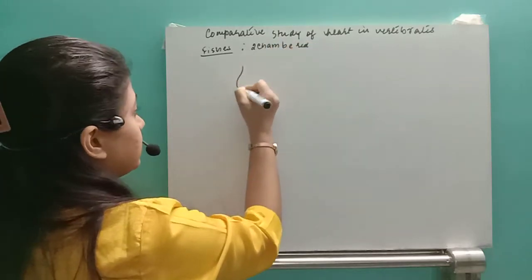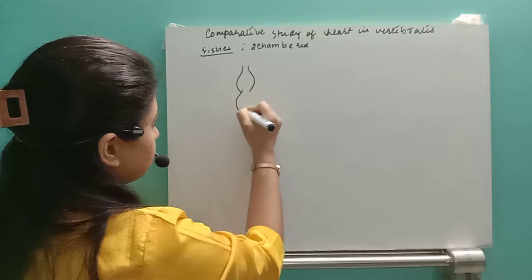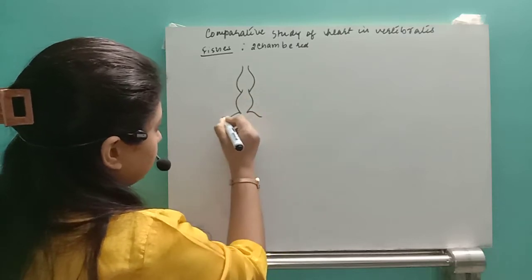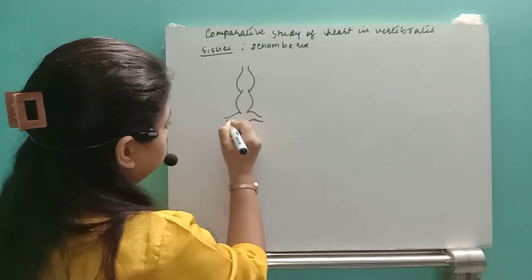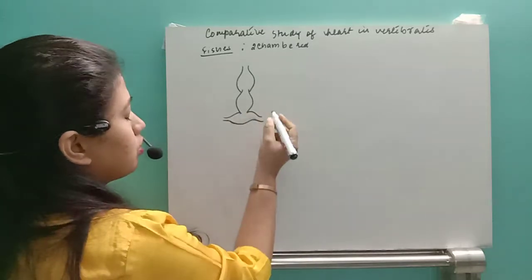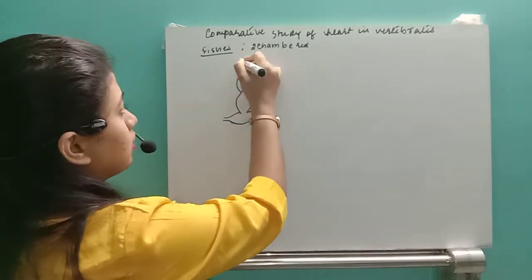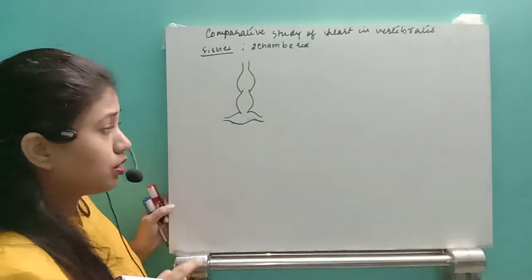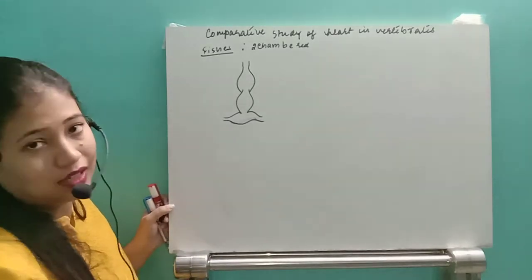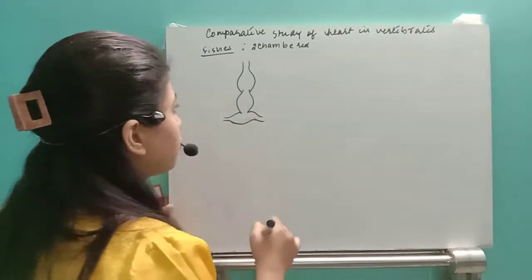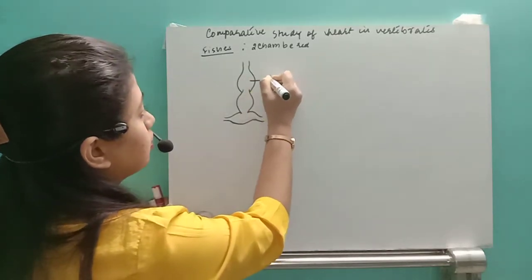Now if you see the heart, you can see this is the heart here. Normally here we are going to have two primary chambers and two secondary chambers. First of all, this is the auricle.